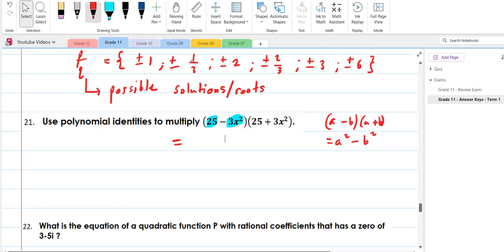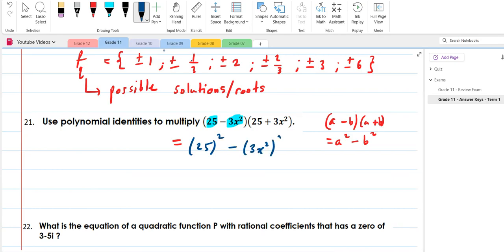So 25 squared is 625, minus 3 squared is 9, x squared squared is multiplying the powers, x to the power 4, and that's my answer.